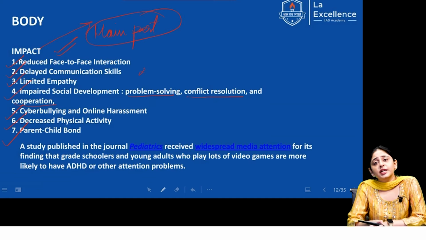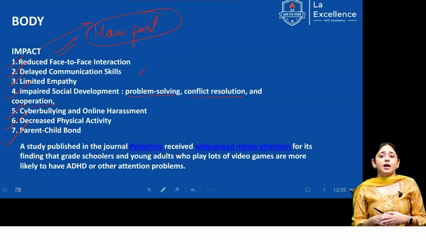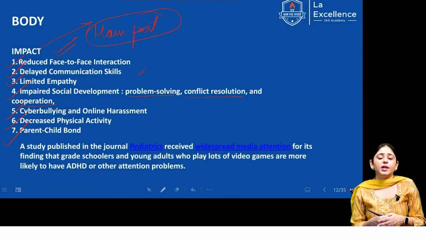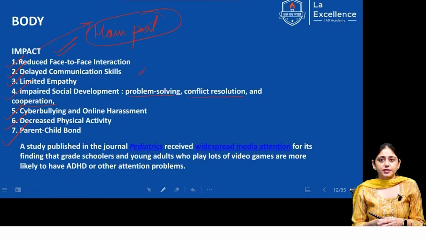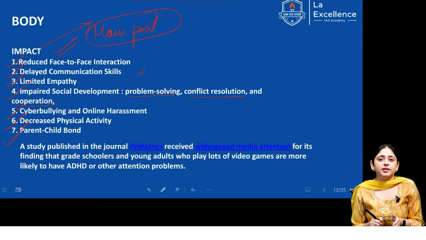And this parent-child bond is very important when you are in your development stage, right? How you develop as an adult depends upon what kind of bond you had with your parents, what kind of socialization you had. If you have gone through documentaries of serial killers on various OTTs, there are various series and documentaries on Jeffrey Dahmer or Ted Bundy.